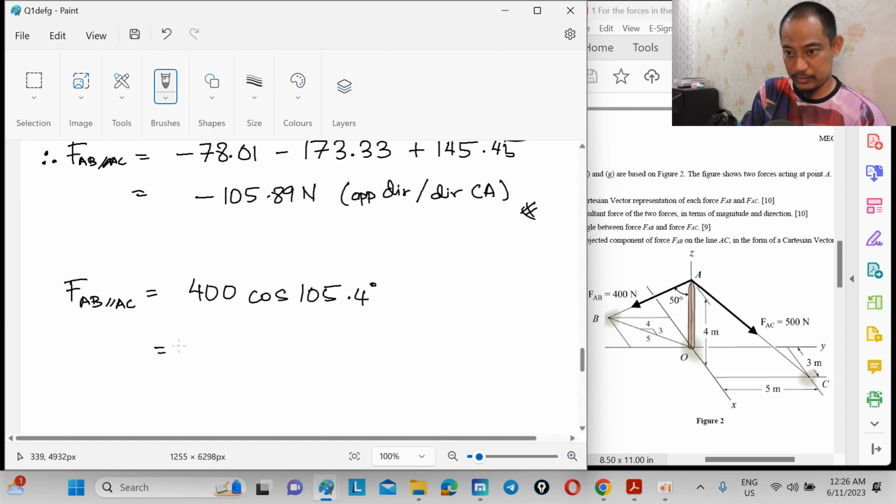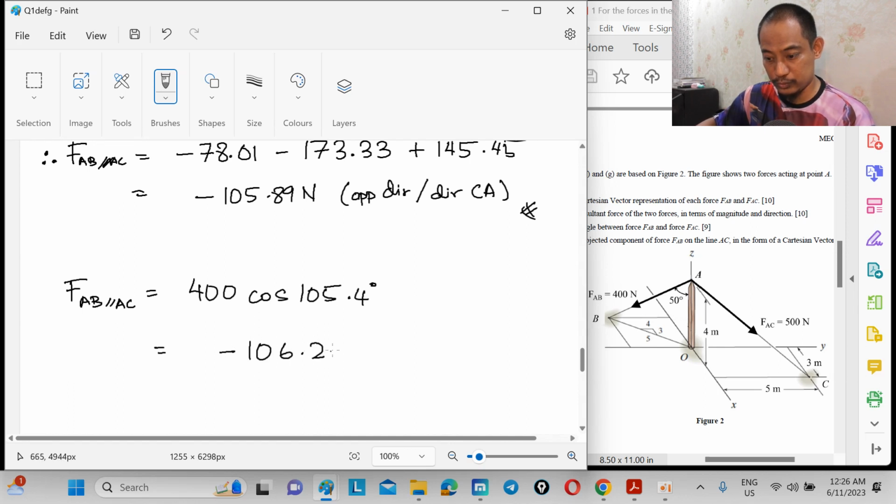What you get is 400 times cos 105.4 degrees. You get negative 106.22 Newton, right? Again, negative is opposite direction, right?